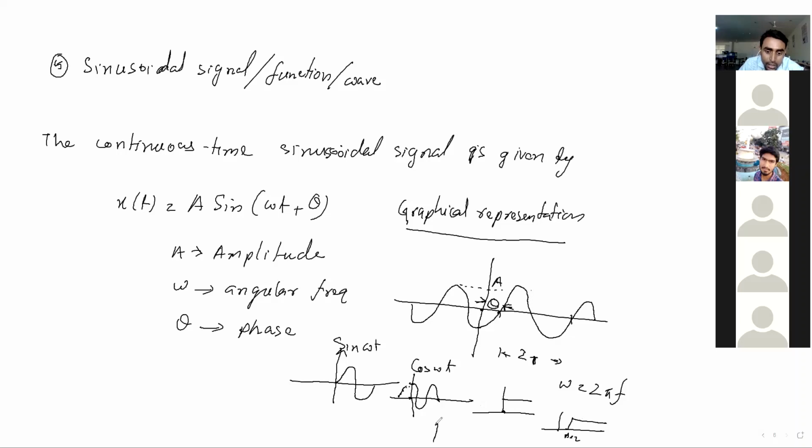This is very important. If this signal starts from here, t equal to -2, here it starts from 0, but here it's already advanced, meaning it starts from -2 itself. So it is called an advanced signal, or you can say that it leads the other signal.